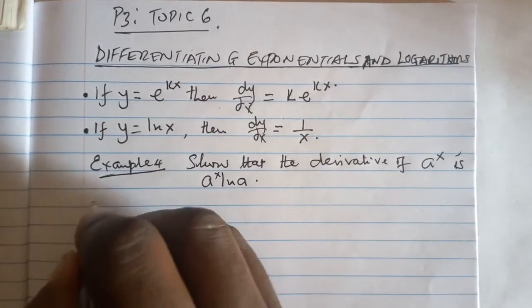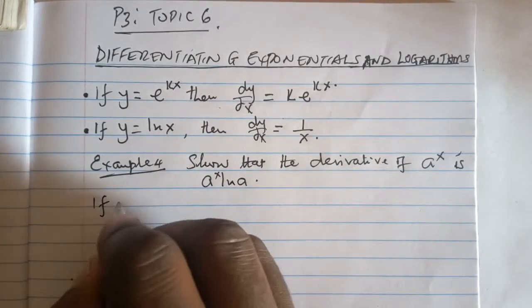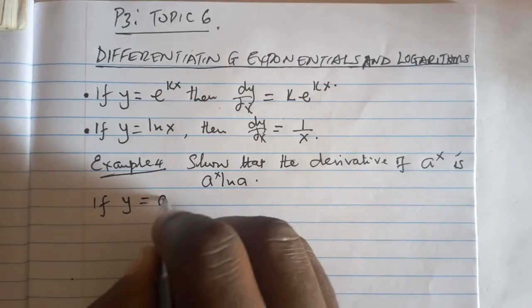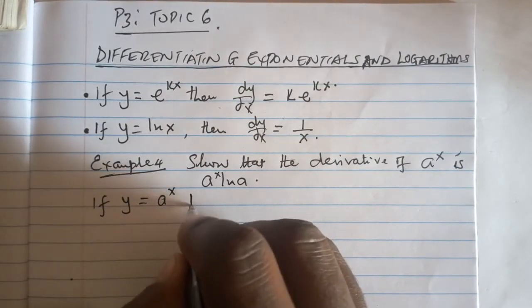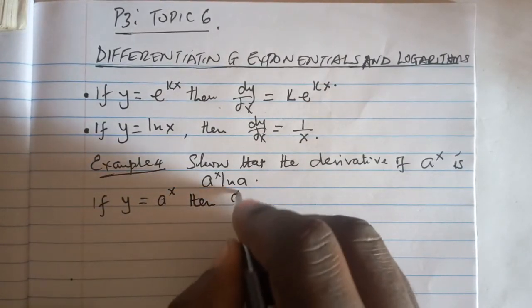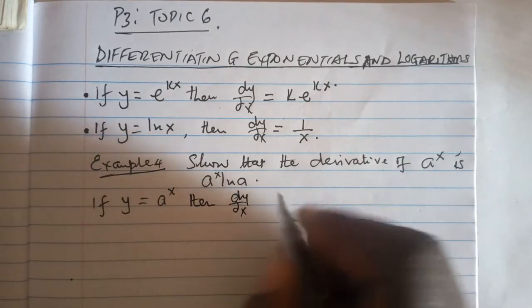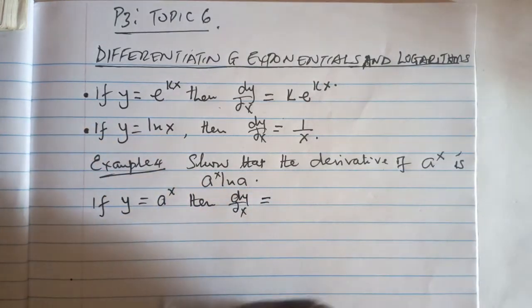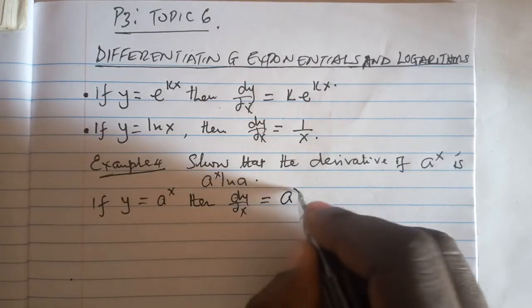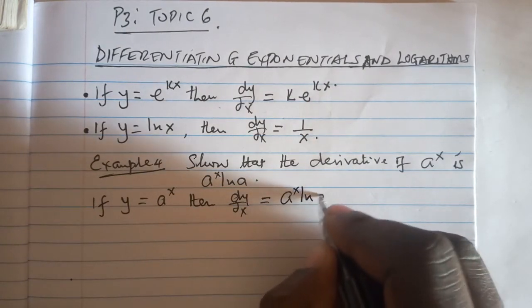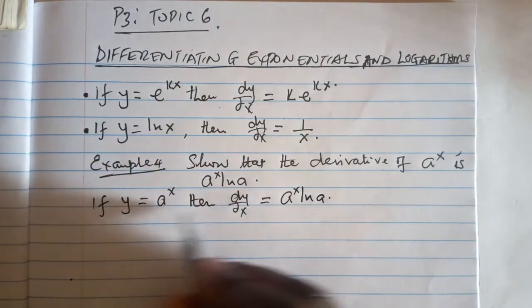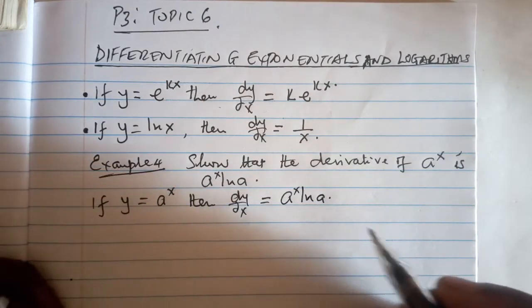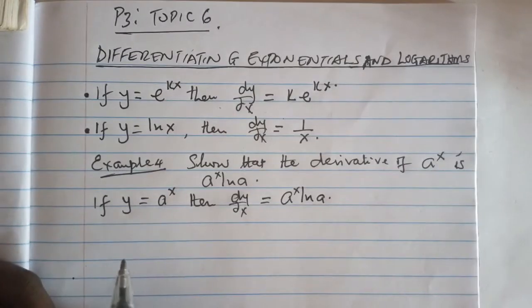In other words, if y is equal to a raised to power x, then dy dx is equal to a raised to power x ln a. This is what we are supposed to prove. Fine.